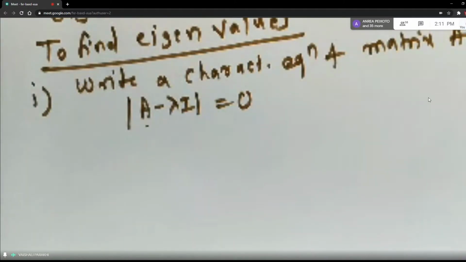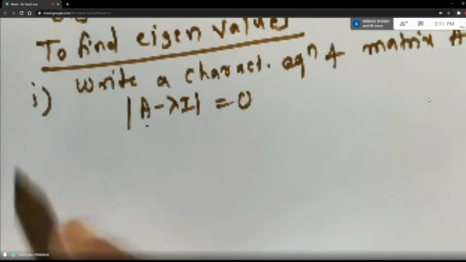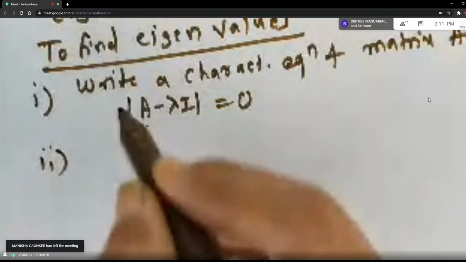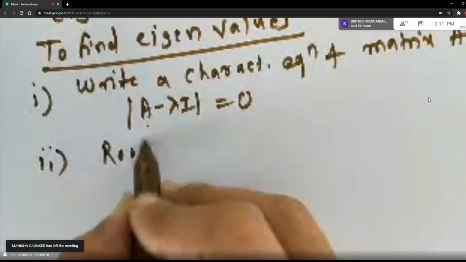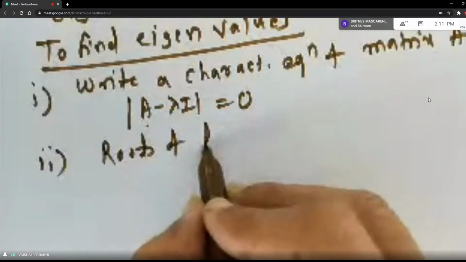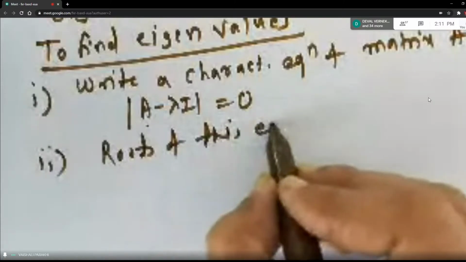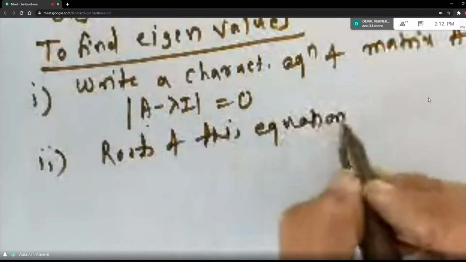If the matrix is of order 3, your characteristic equation will be of order 3, and so on. Then once you get the equation, you are going to find the roots of this equation.